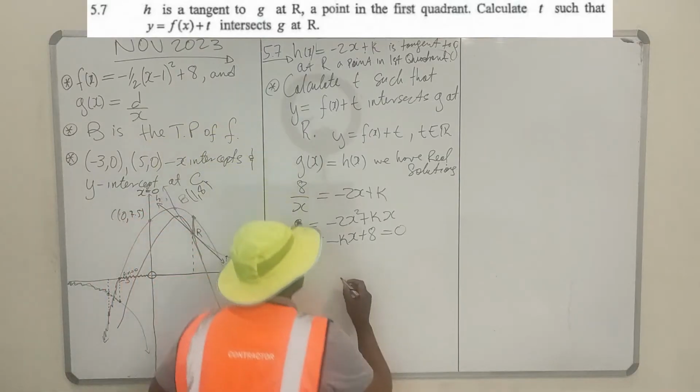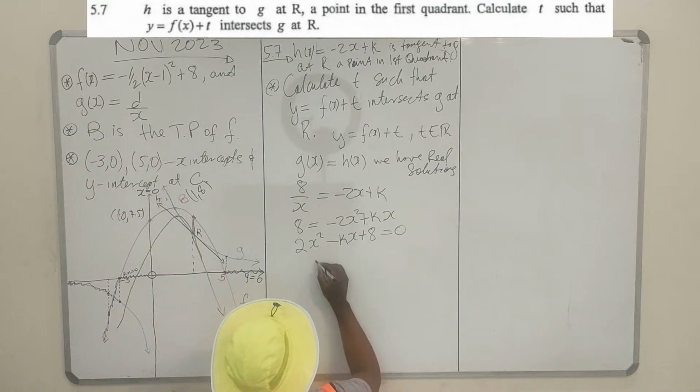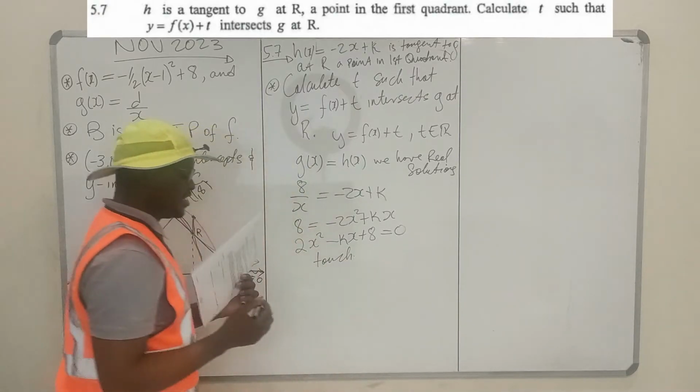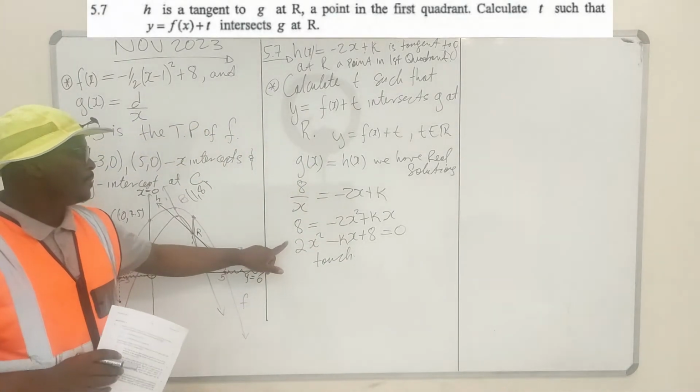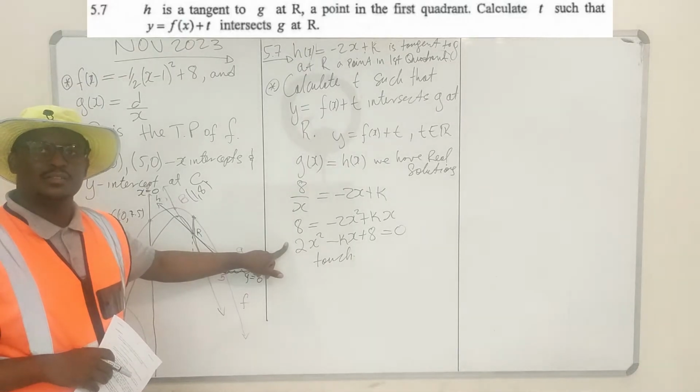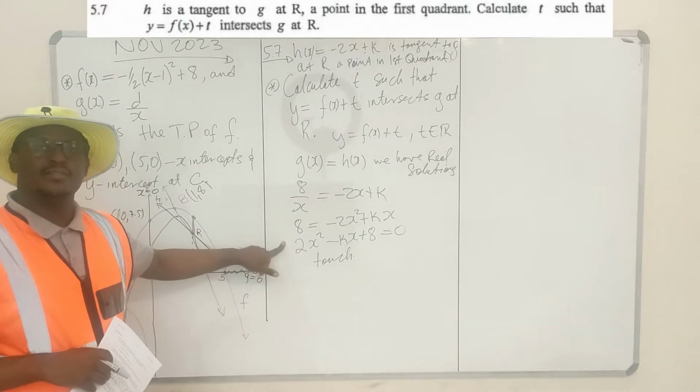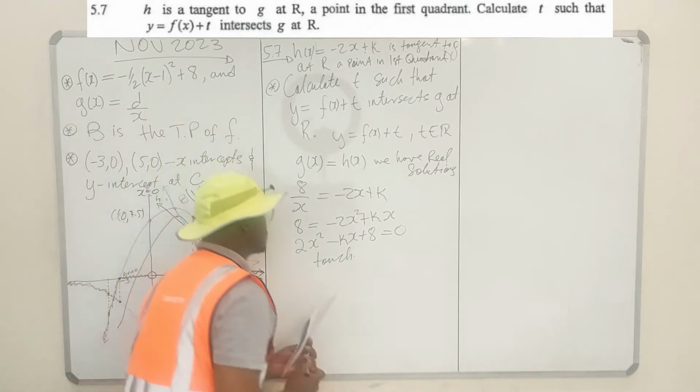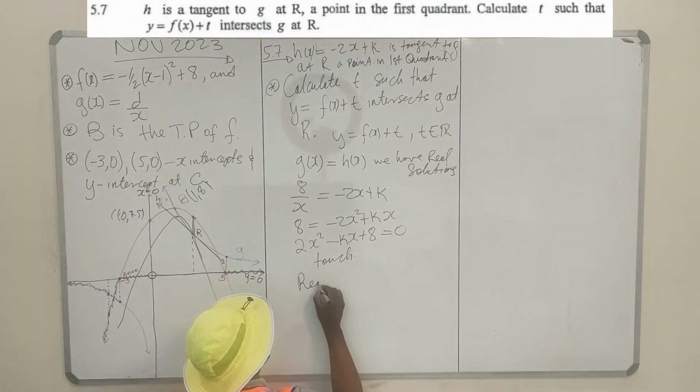So this thing, they touch, right? The tangent touches G. So we know that this will have real solutions. So in this case, we will have what? Real solutions.